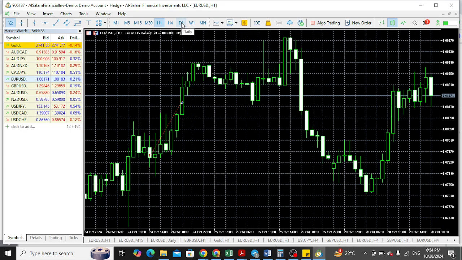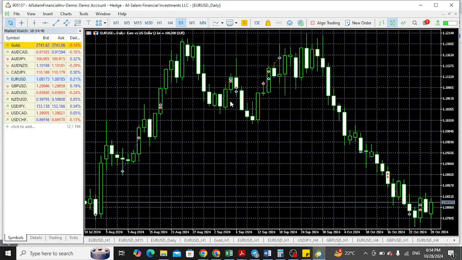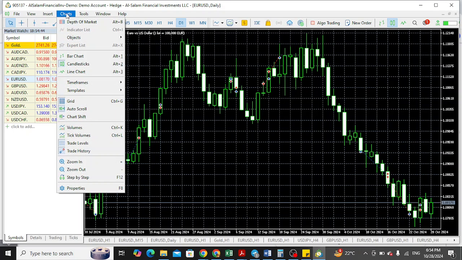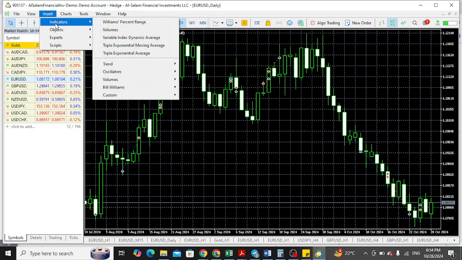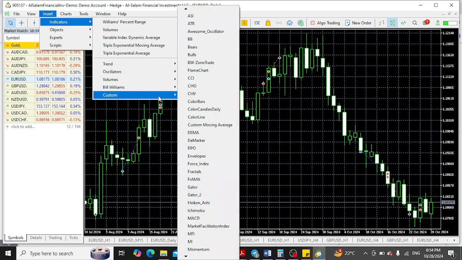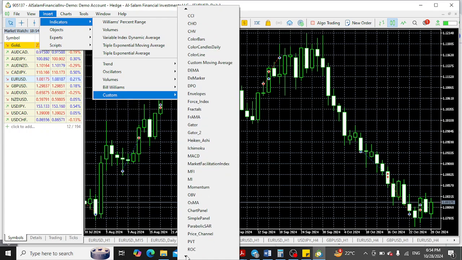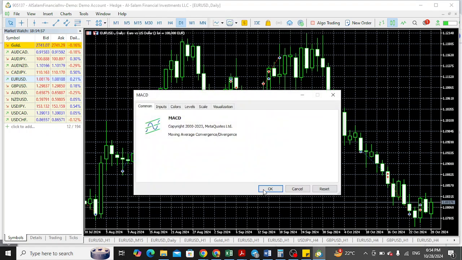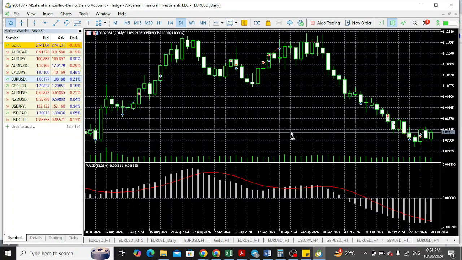And I want to look at the daily. Where is the MACD? Here is the MACD. Okay. So here is the MACD. On the Euro USD, it is going down on the daily.